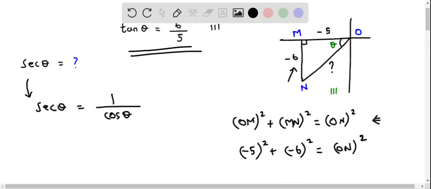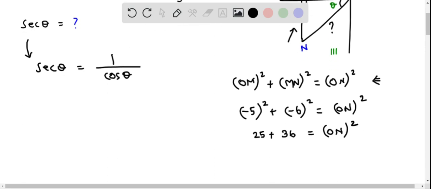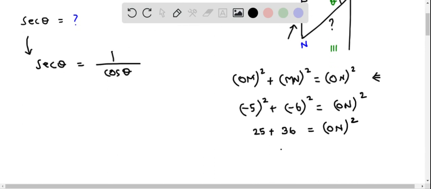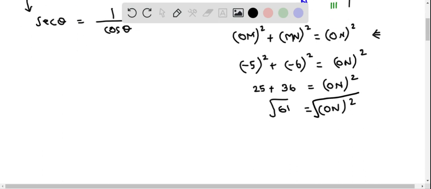So here we have negative 5 square is 25, plus negative 6 quantity square is 36, and this equals ON quantity square. 25 plus 36 is 61. This equals ON quantity square. So we now take square root on both sides, so that we can get ON on the right side.